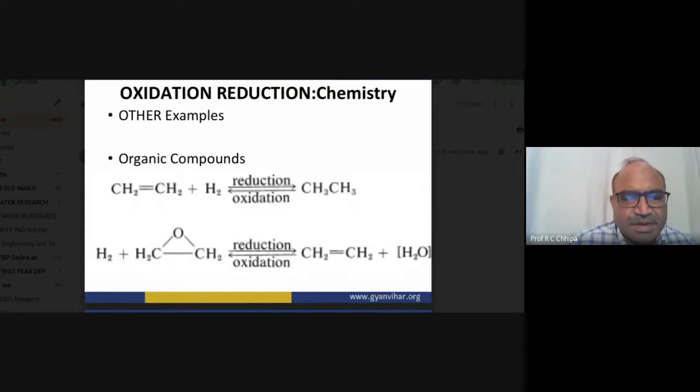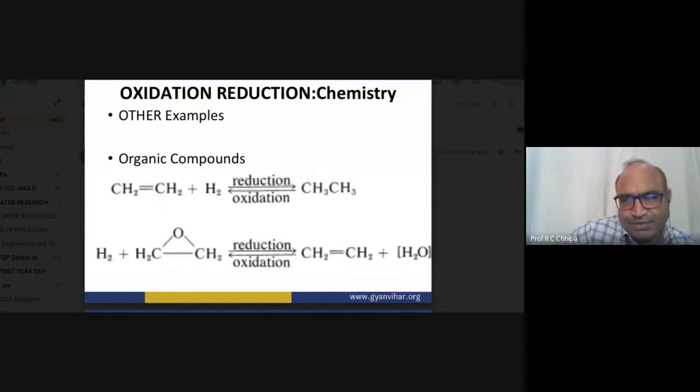The question is carbon double bond carbon, or if carbon triple bond carbon, then hydrogen is added. The addition of hydrogen itself is the reduction. So what about the oxidation, where hydrogen is released?